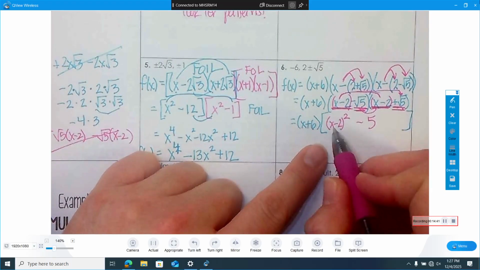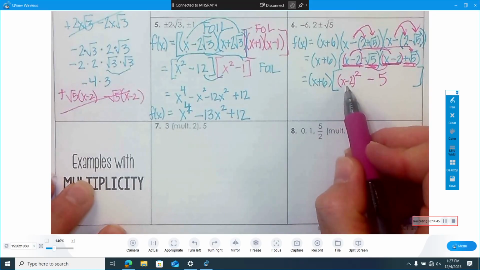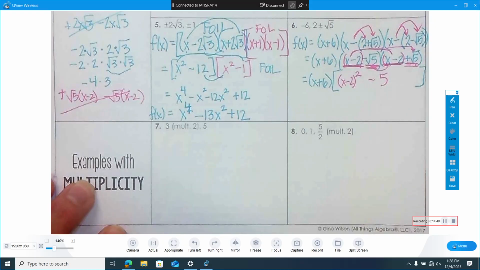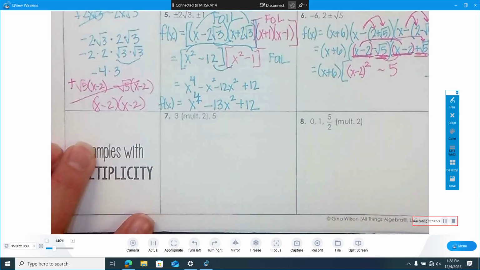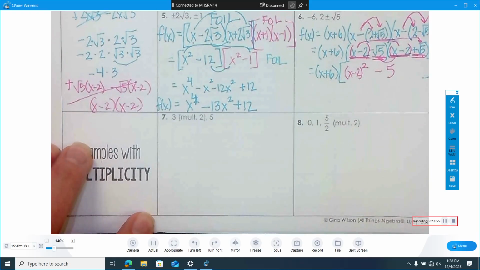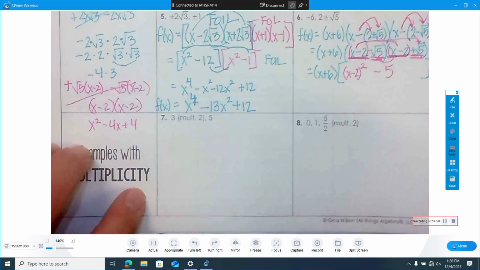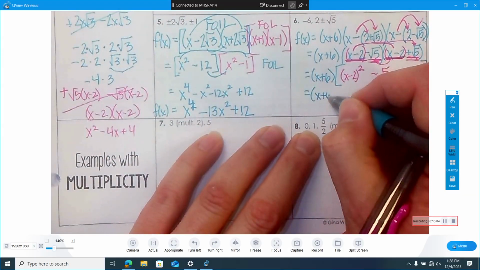Now, x minus 2 quantity squared. See, when I teach algebra, my algebra students can multiply this like that: x minus 2 times x minus 2. If you FOIL that together, what do you get? x squared minus 4x. Good. Very good. Okay. So now we have x plus 6.